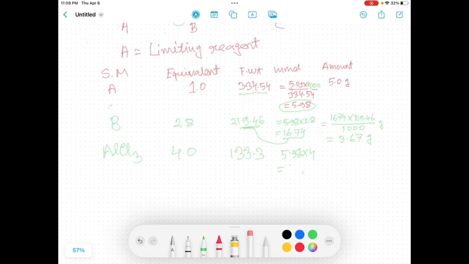It will be 23.92, like almost 24. Now you can get the amount.